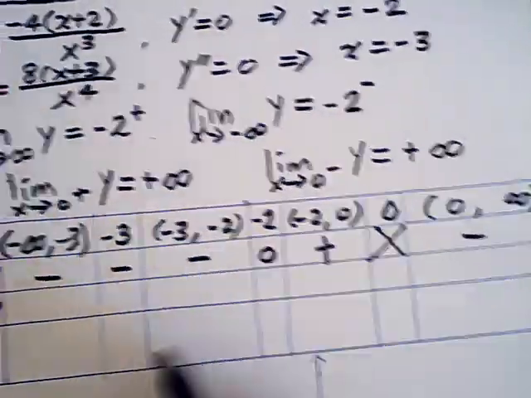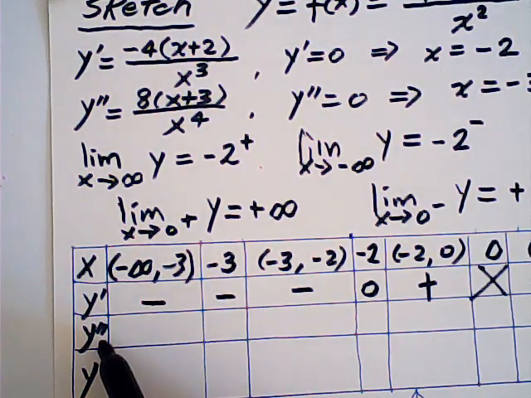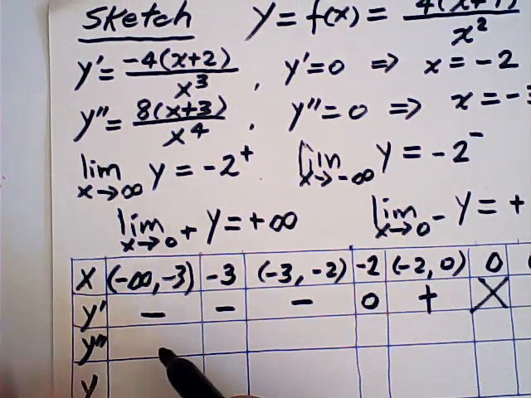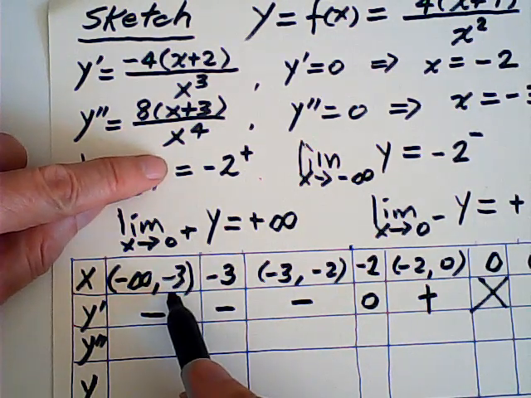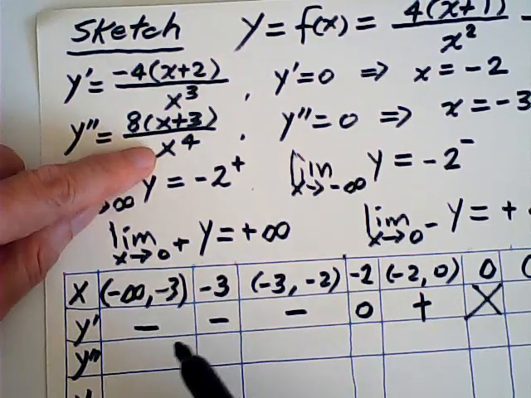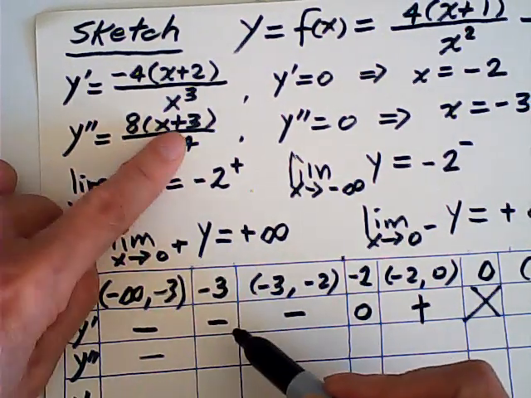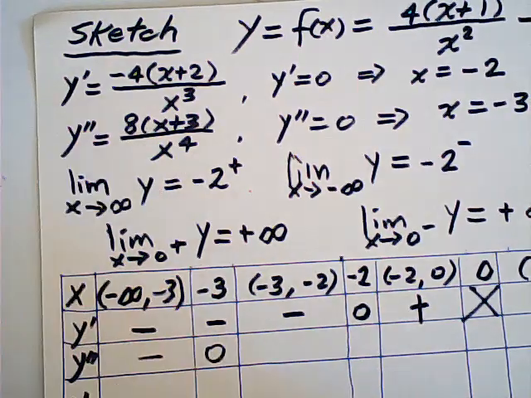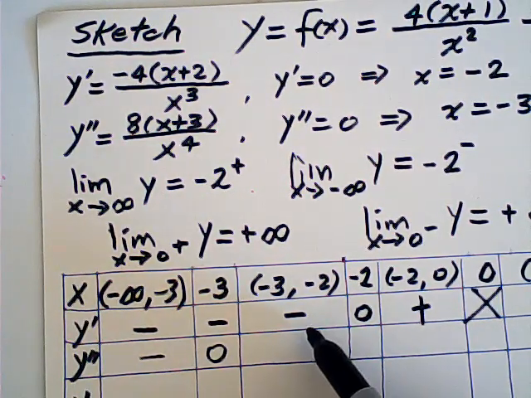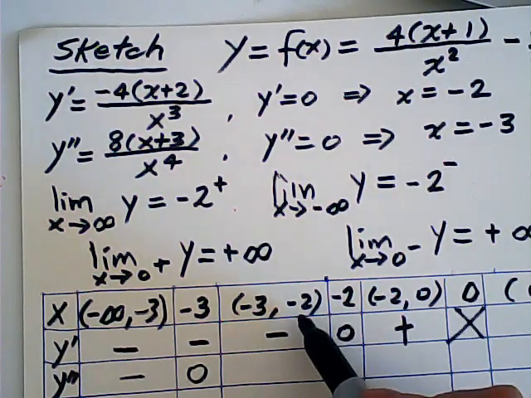Similarly, we test the signs for the second derivative. Here I choose -4, or negative a million. I put it here, it's negative. At -3, second derivative is 0. Here I choose -2.5.